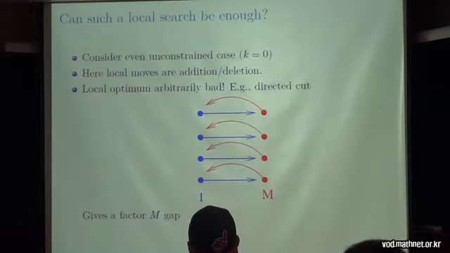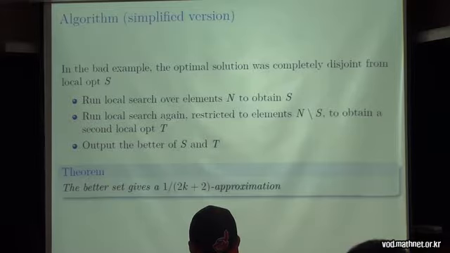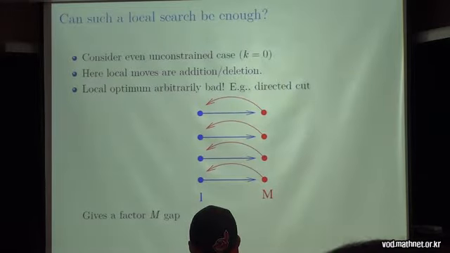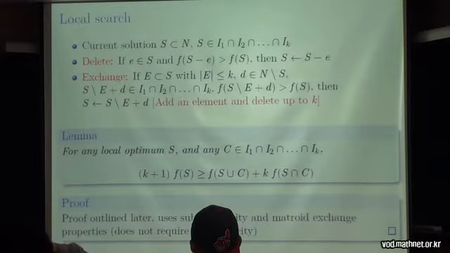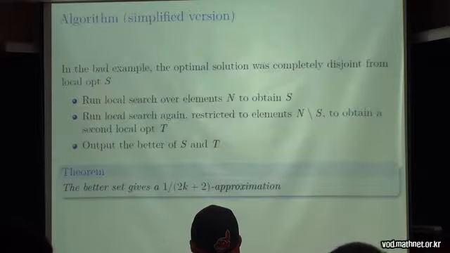And the observation is that in this example, the optimal solution is actually completely disjoint from this locally optimal solution that I showed you. So why don't we try to remedy that for this example and see if it actually gives us something in general. So here's what I'm going to do.